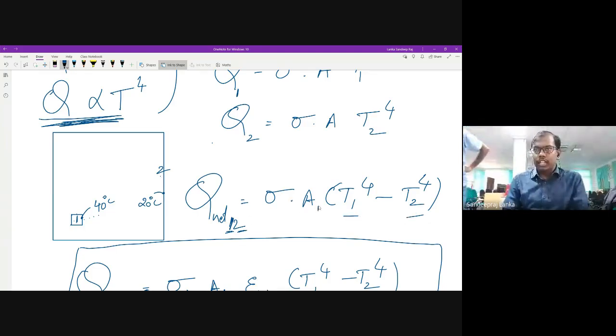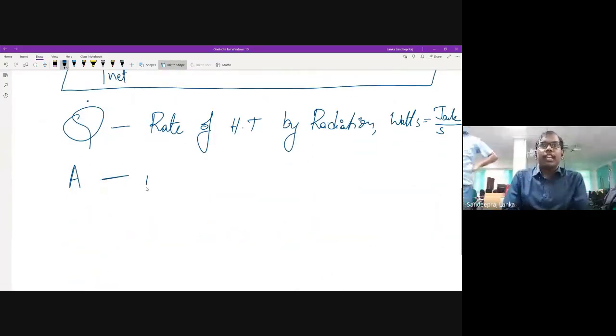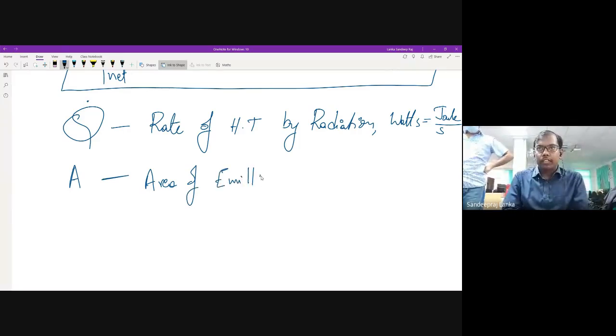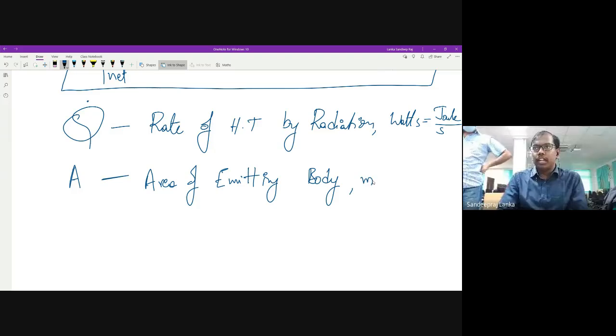The area also will be A1. So what is this area? It is the area of the emitting body. It is measured in meter square.